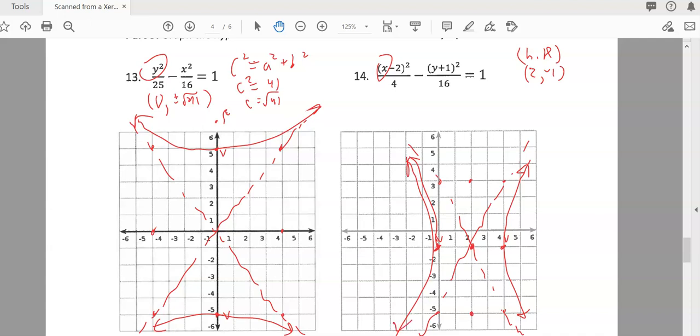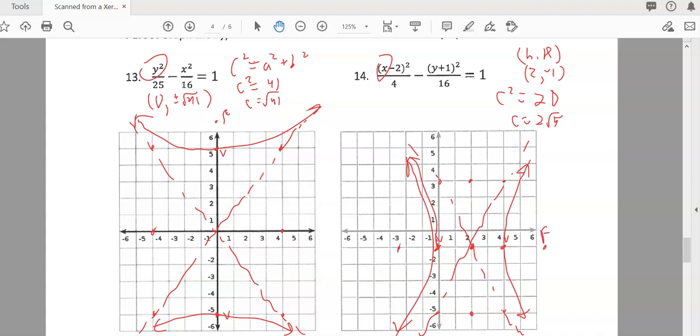And then the focus point, c squared equals 4 plus 16 is 20. So c equals square root of 20, which is 2 root 5, which is about 4 point something. So I go 1, 2, 3, 4 point something to the right, 1, 2, 3, 4 point something to the left.